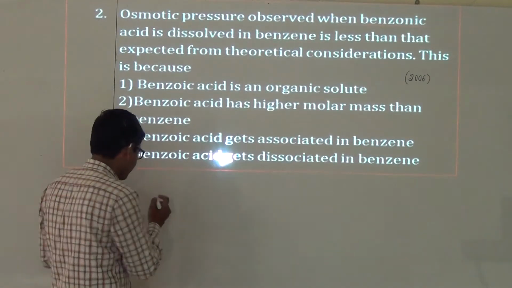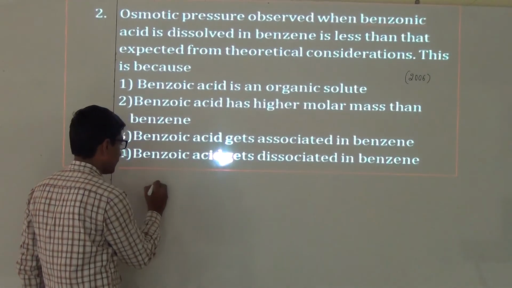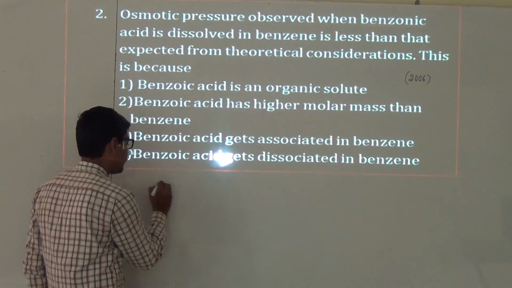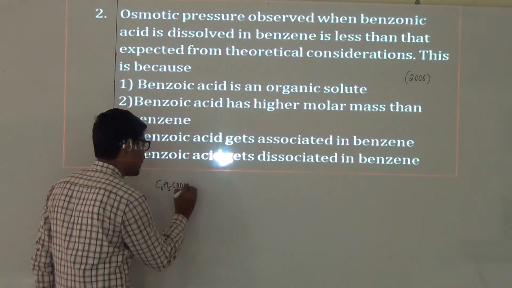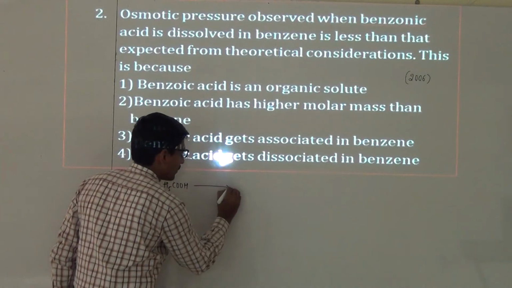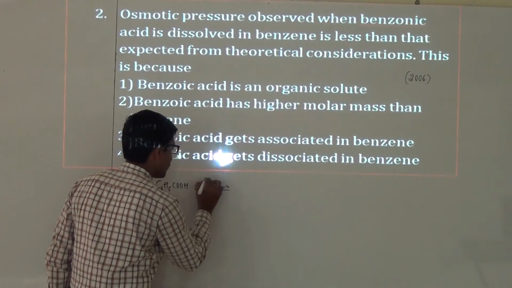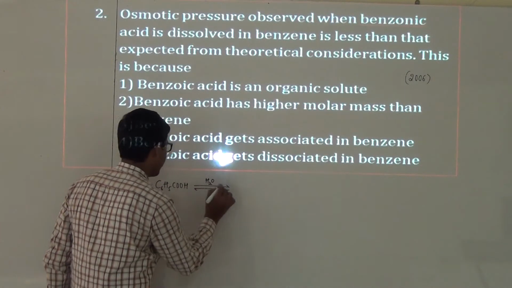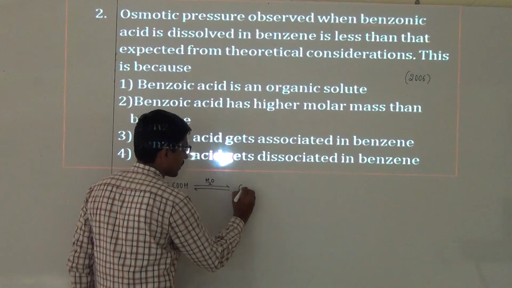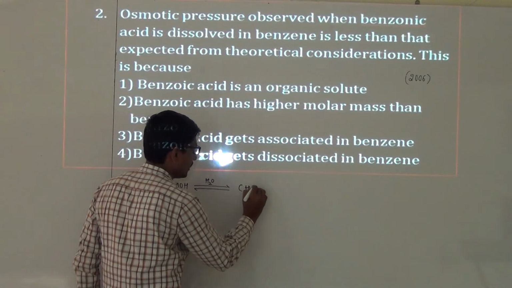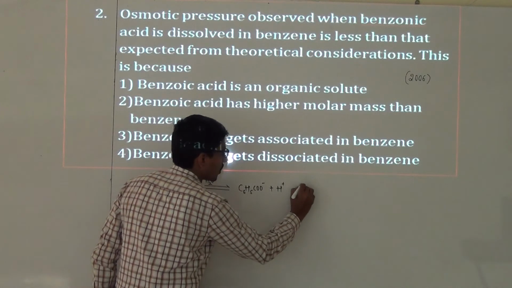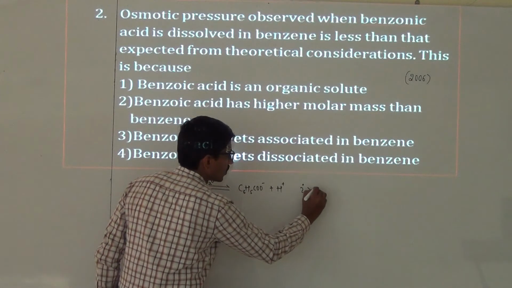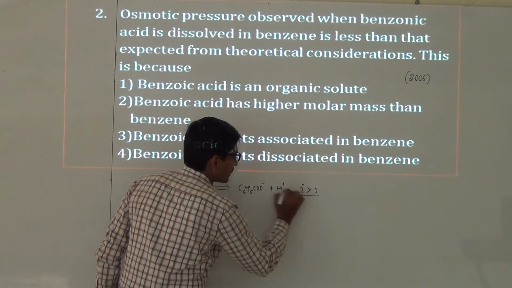For example, benzoic acid, C6H5COOH, in water acts as a weak electrolyte and dissociates, and the van't Hoff factor value is more than 1 in this case.